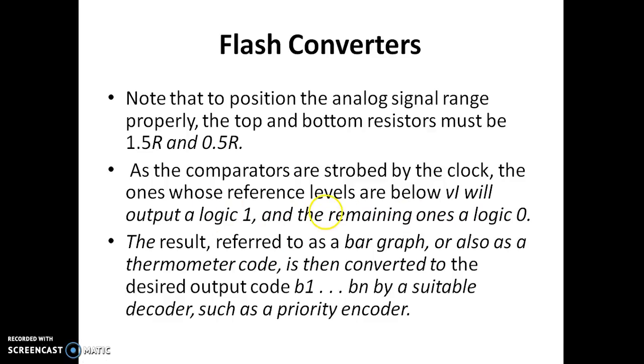The result, referred to as bar graph or also known as thermometer code, is then given to a desired output code of B1 to Bn by a suitable decoder such as a priority encoder. We shall discuss this in detail in the next video.